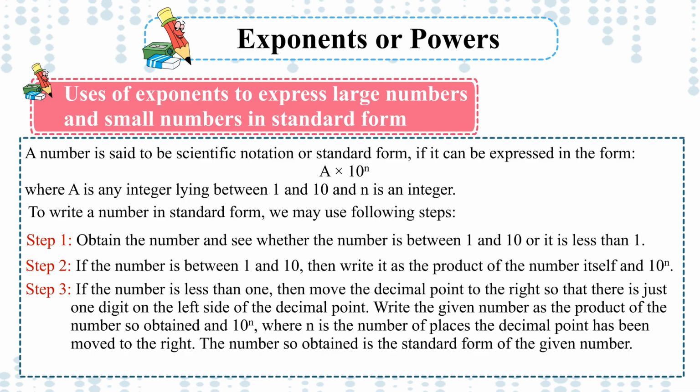If the number is less than 1, then move the decimal point to the right so that there is just one digit on the left side of the decimal point. Write the given number as the product of the number so obtained and 10 raised to the power minus n, where n is the number of places the decimal point has been moved to the right. The number so obtained is the standard form of the given number.